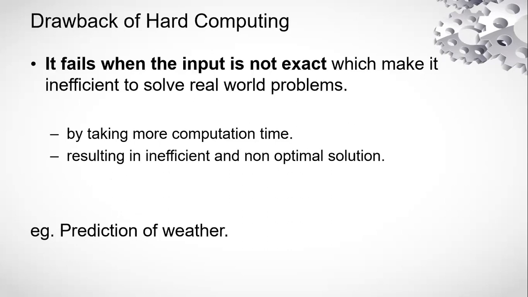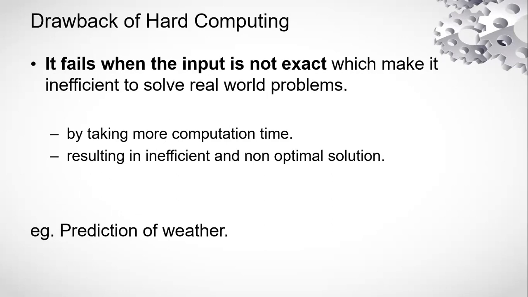The drawback of hard computing is that these algorithms or computation fail whenever we do not have exact input. That means it fails when the input is not exact, which makes it inefficient to solve real world problems, because in real life problems we do not always have exact input.